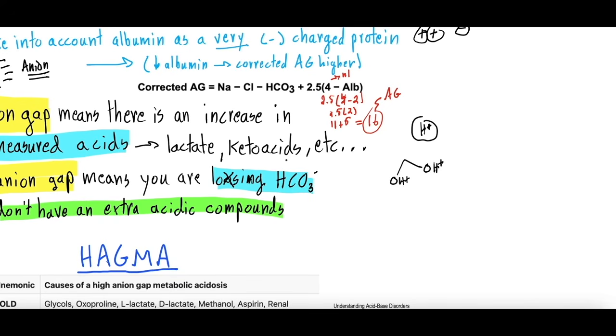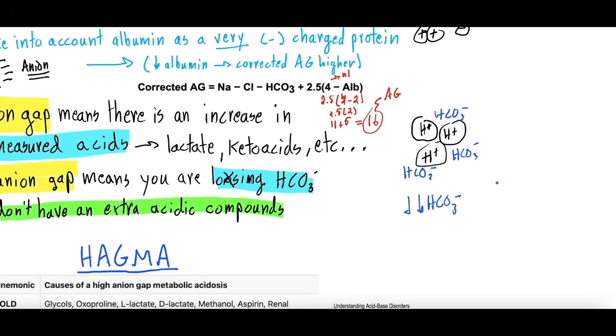So do keto acids, someone in diabetic ketoacidosis. So what you can think of it as is these acidic compounds are giving the body all this extra hydrogen ions. So what has to happen for the body to try to compensate? Well, you're going to have all this bicarbonate coming over here to try to neutralize that acid. So what's going to happen is you're going to get a decrease in bicarbonate.